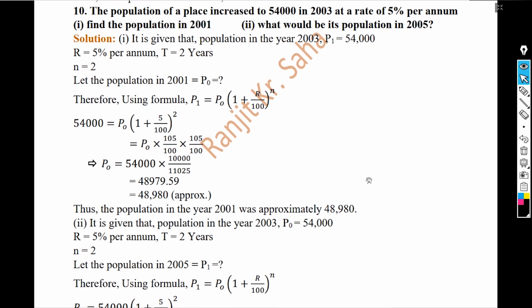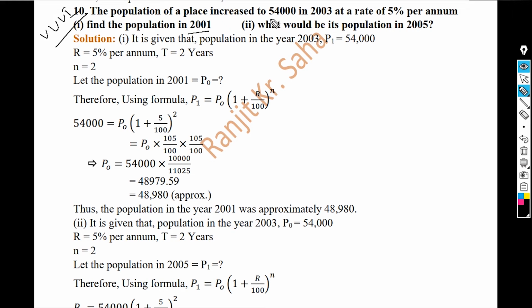Question number 10 says the population of a place increased to 54,000 in 2003 at a rate of 5% per annum. That means compound interest. In the first part you have to find the population in 2001. This question is also very, very important. Why? Because you have to find the earlier population.